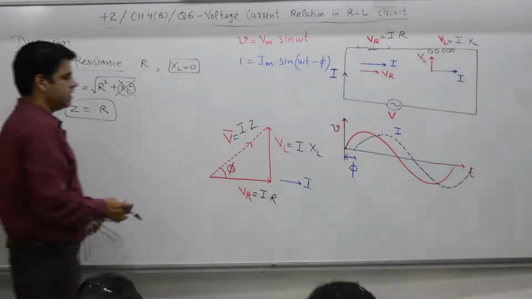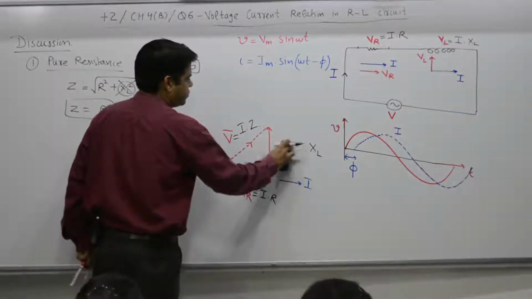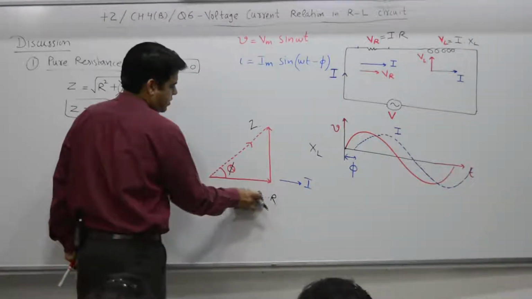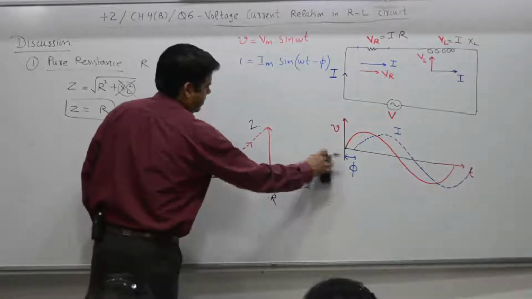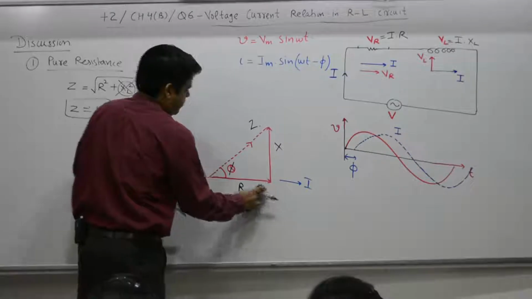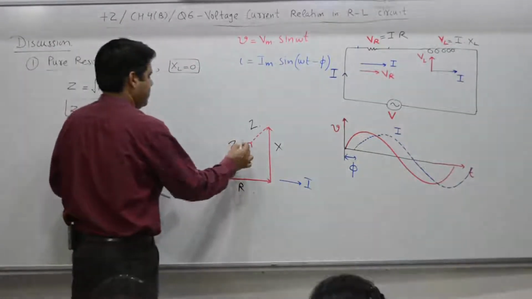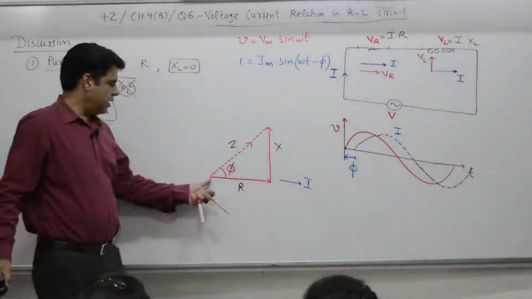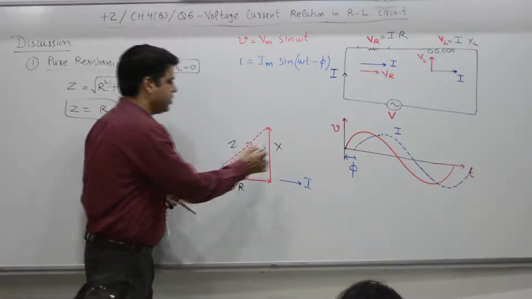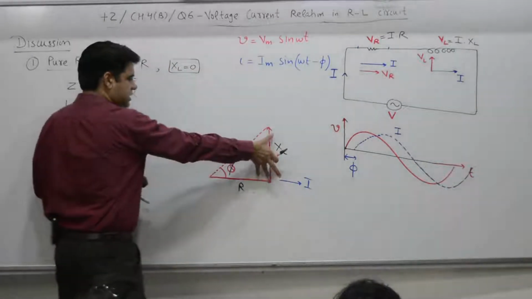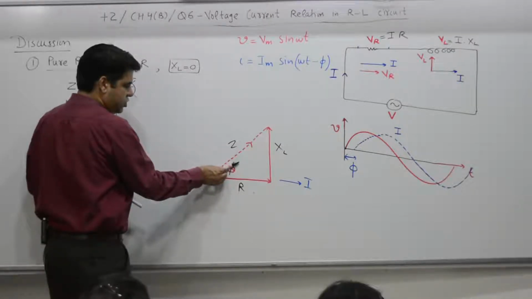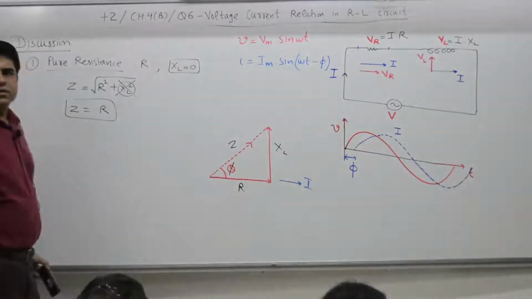In this triangle, say the impedance triangle, R is there, say 3, XL is equal to 0. If you reduce this side to 0, then this phasor shifts from this position to this position. Phi is equal to what? 0.